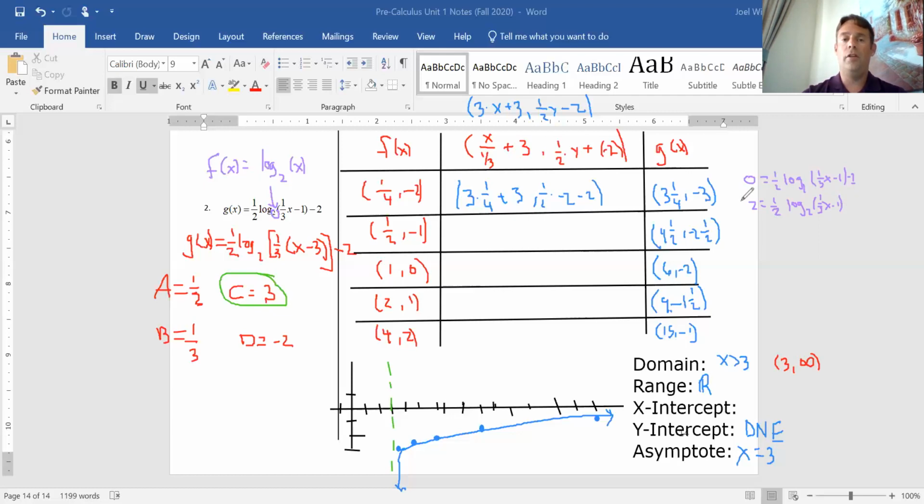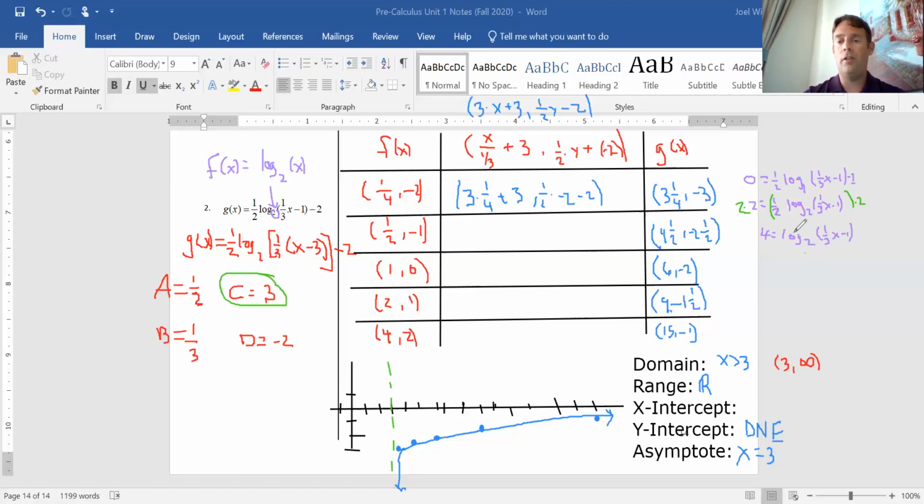All right, let's see here. And then from there, we're going to have to go ahead and get rid of that 1/2. So I'm going to multiply both sides by 2 to get rid of that 1/2. So we got 4 equals log base 2 of 1/3 x minus 1. So here's my base right here.